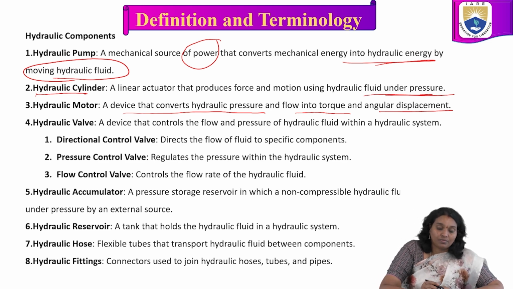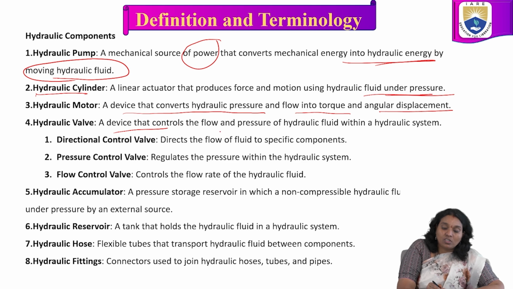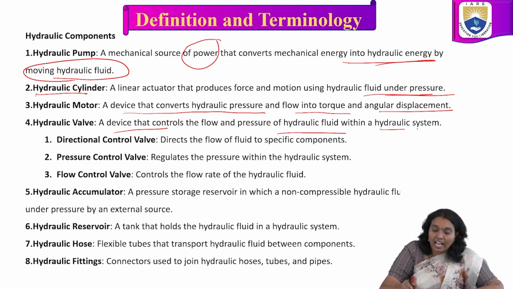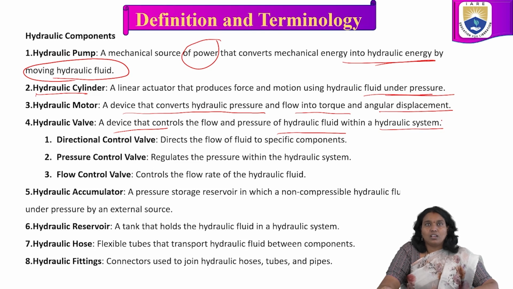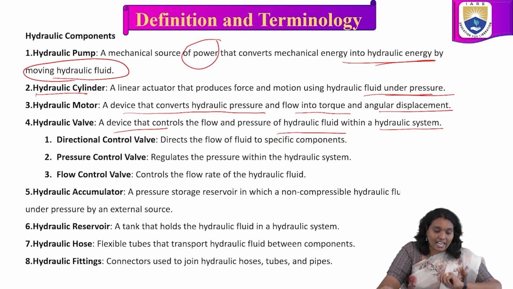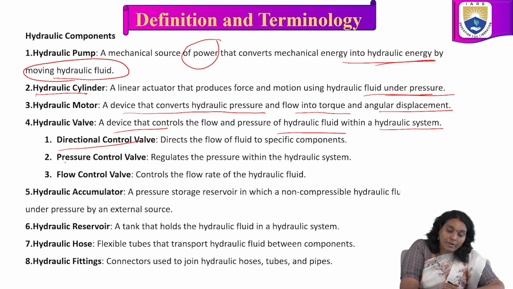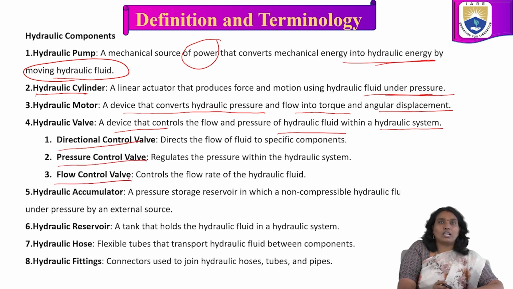Hydraulic valve, a device that controls the flow and pressure of hydraulic fluid within a hydraulic system. In this, different types are there: directional control valve, pressure control valve, flow control valve.